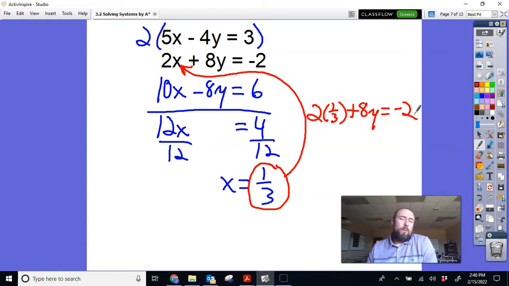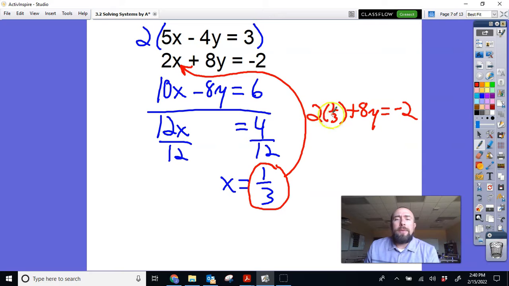But it's up to you if you want to plug it into one of the others. That's fine. The good news about this particular method is once you get one of the answers, it really doesn't matter which equation you plug it into, as long as you just solve it for the y or the other variable.